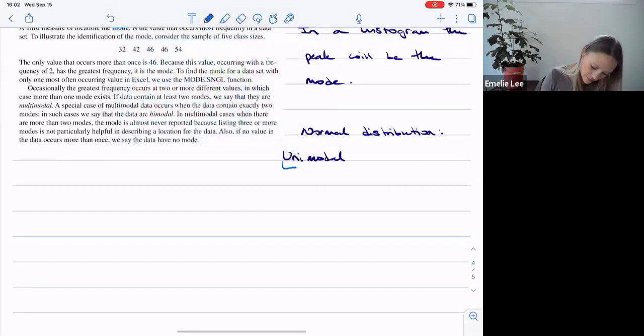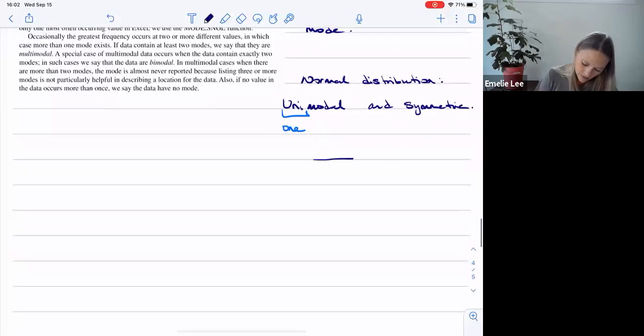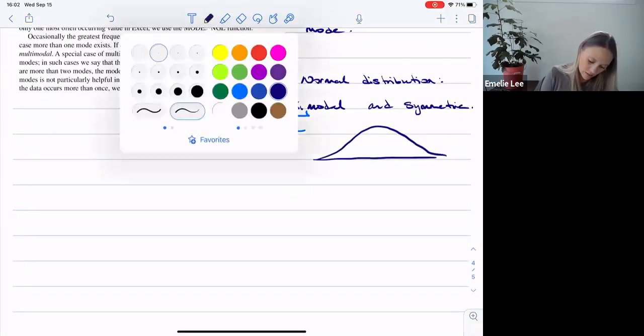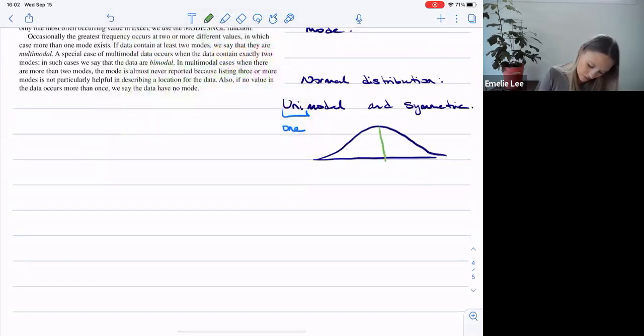Uni, remember, is just one, right? So unimodal is what we call it. Unimodal and symmetric. Right, and so it looks like this, and it only has one peak, one mode.